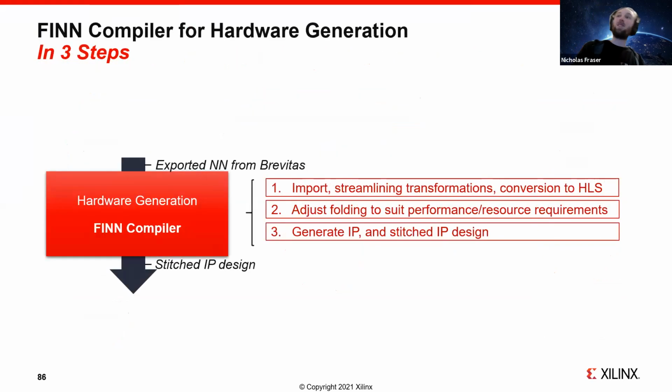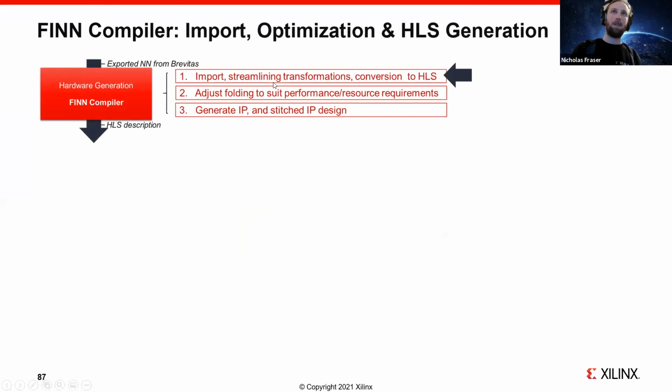right? There are 3 basic steps in FINN. So this importing and streamlining transformations that I spoke about before. The next is where you're actually specifying the inference constraints of your hardware, and then you're finally generating the IP and possibly drivers, right? So I'll just talk a little bit about how you specify this performance next.